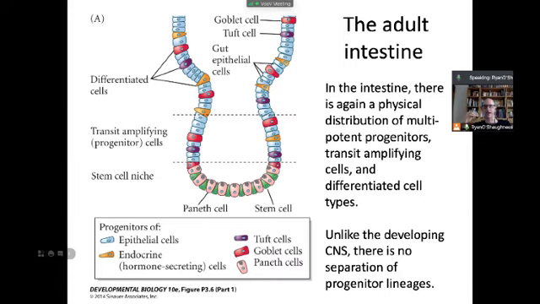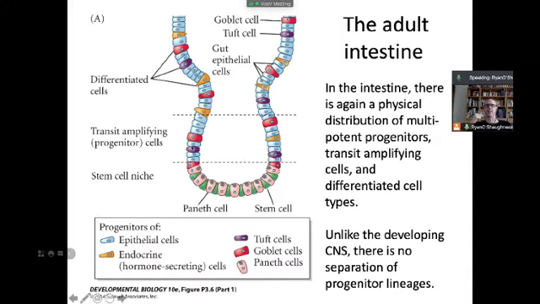But we do have the concept of a stem cell niche where stem cells reside, and then they differentiate into transit amplifying cells or progenitor cells. We heard about this in our adult stem cell lecture in the last half of our lectures.